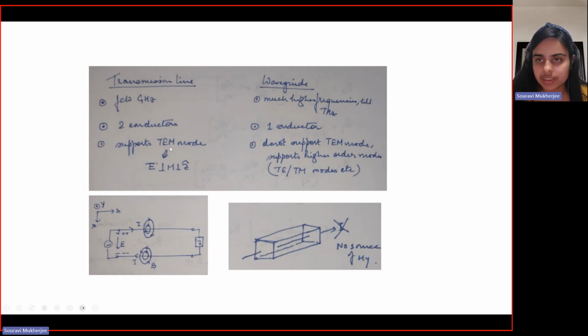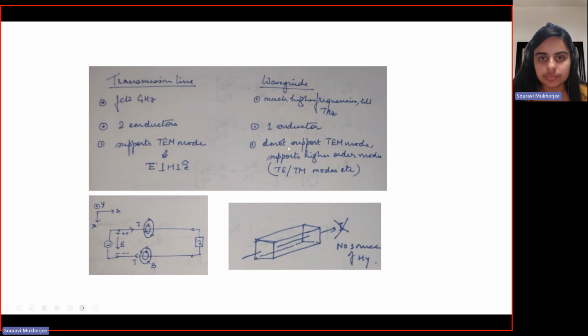That means the electric and magnetic field components are perpendicular to the direction of propagation of the signal, and they're mutually perpendicular as well. So transmission lines support TEM modes, with two conductors involved, and generally transmission lines work quite well at least till the few gigahertz range. Okay, at least till that.